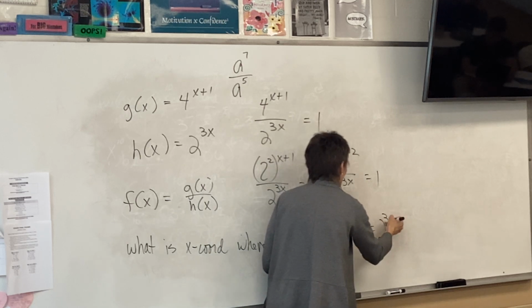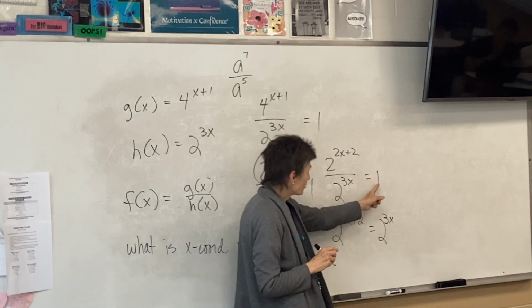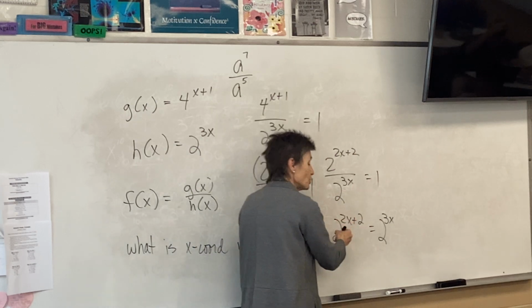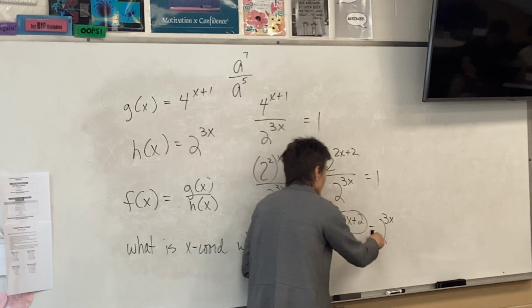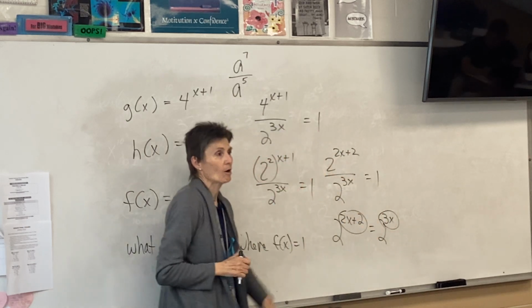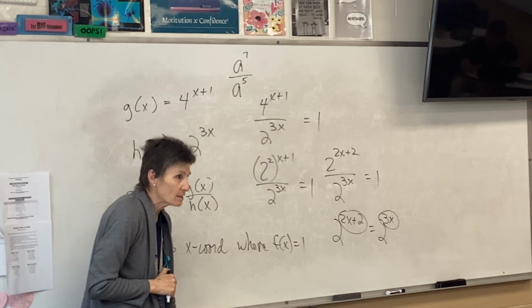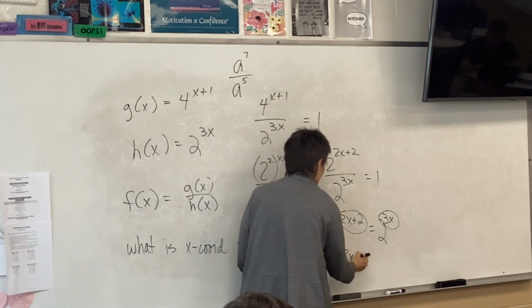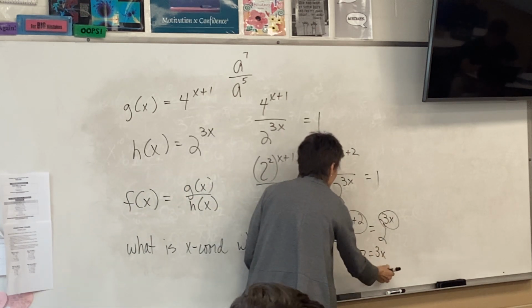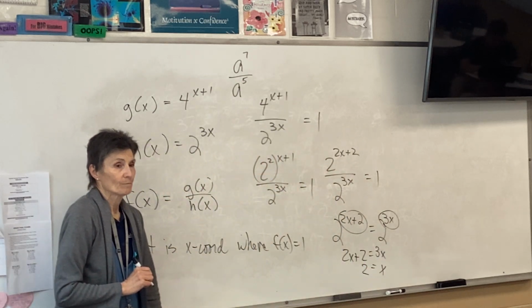But now, if you multiply this over to here, you have 2 to this power equal to 2 to this power. What does that automatically mean? The powers have to be equal, right? So 2x plus 2 equals 3x. So the answer to the problem is 2.